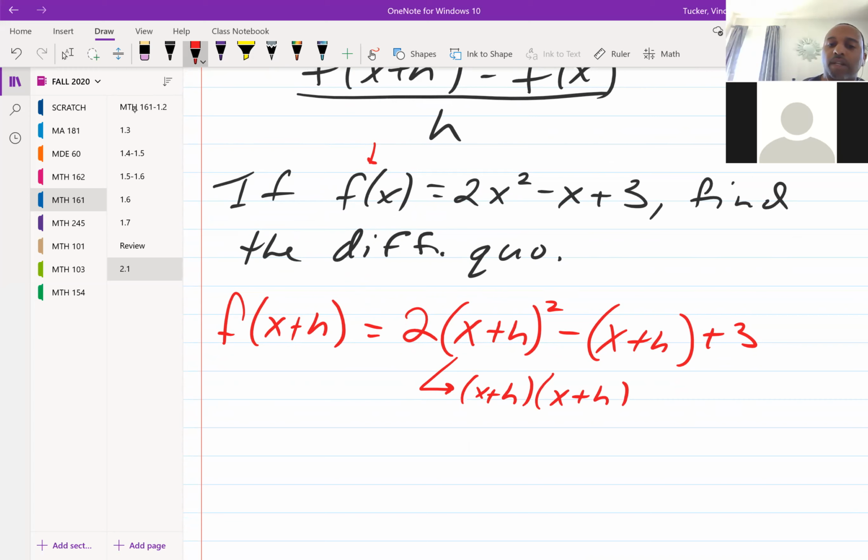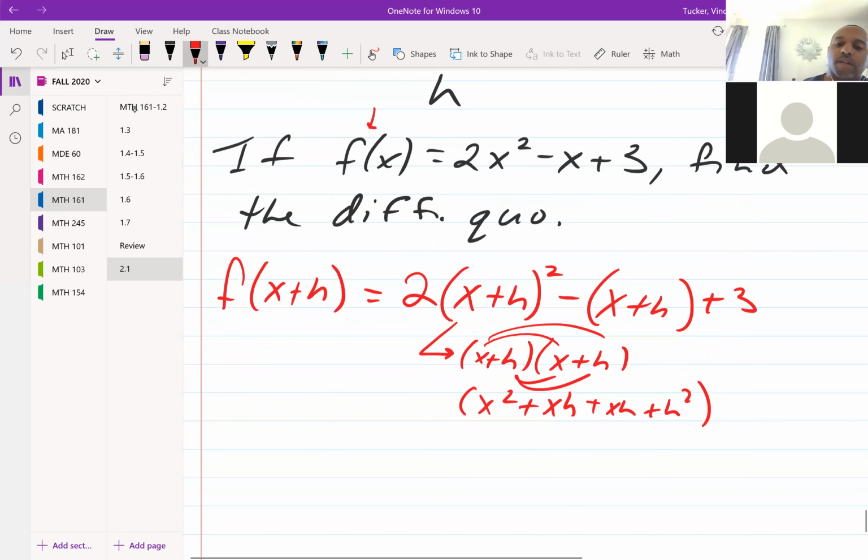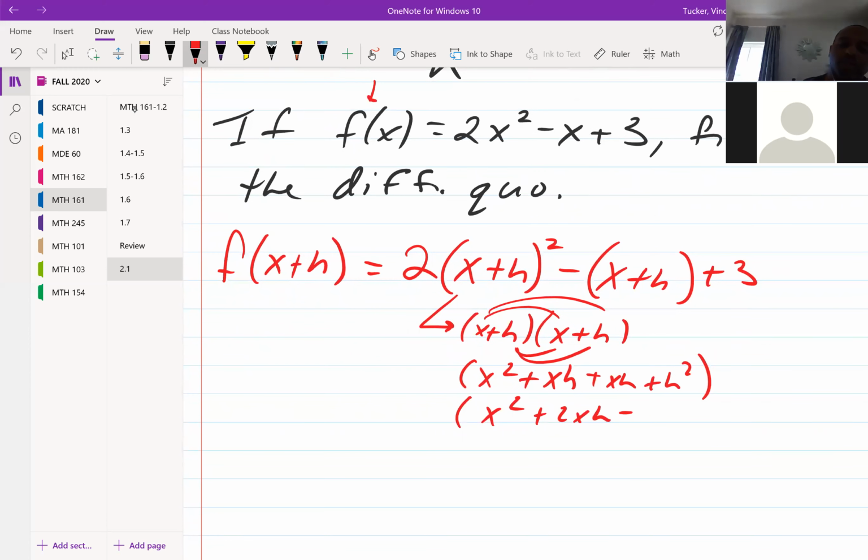Don't forget to do your full x squared, xh, xh, h squared. I do need the parentheses. And combine your like terms: x squared plus 2xh plus h squared. So that's that expansion.